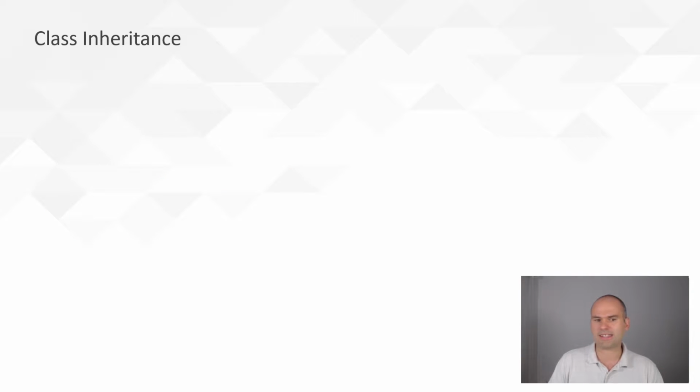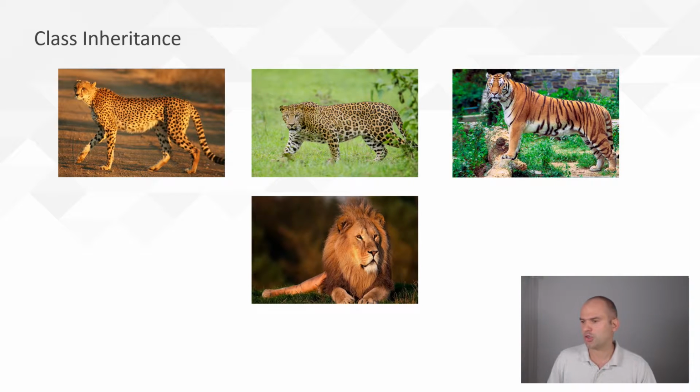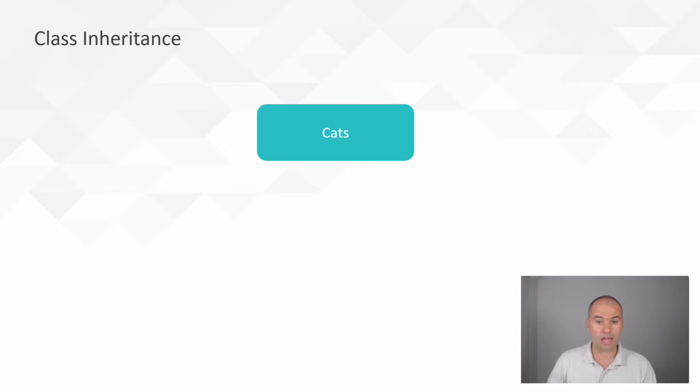So let's look at a crazy out there example. Big cats. So if I want to organize them in an object-oriented structure, how would I do that? Well, what do they have in common? Well, they're all cats. So that could be class cat. So they could all inherit from class cat.